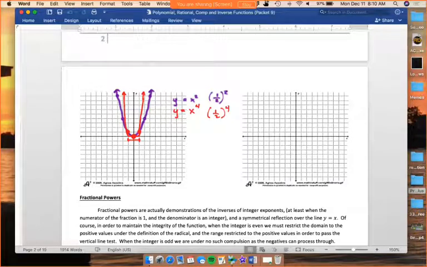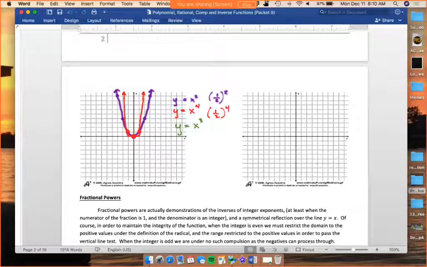Let's look at what happens when p is odd. So suppose we have x to the third. Now we're just sticking with k being 1 here for convenience. Obviously it could be another number, but we're going to stick with 1.